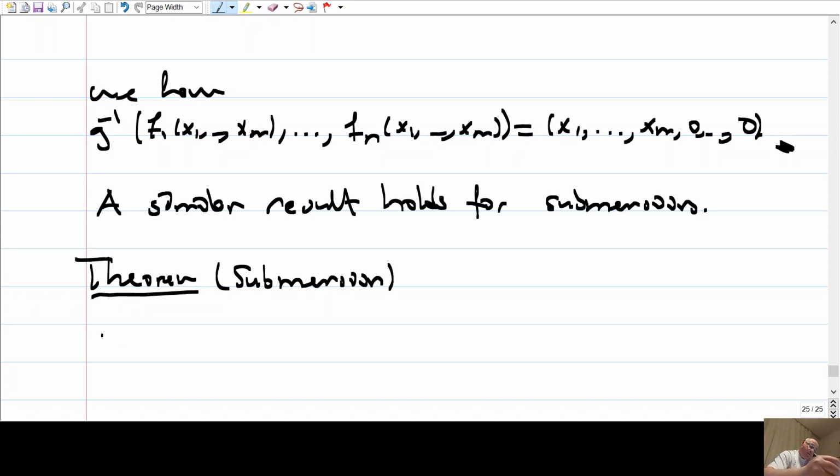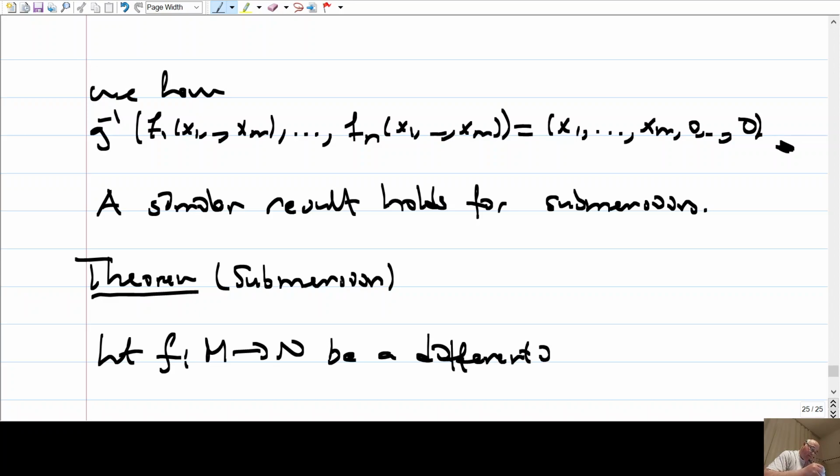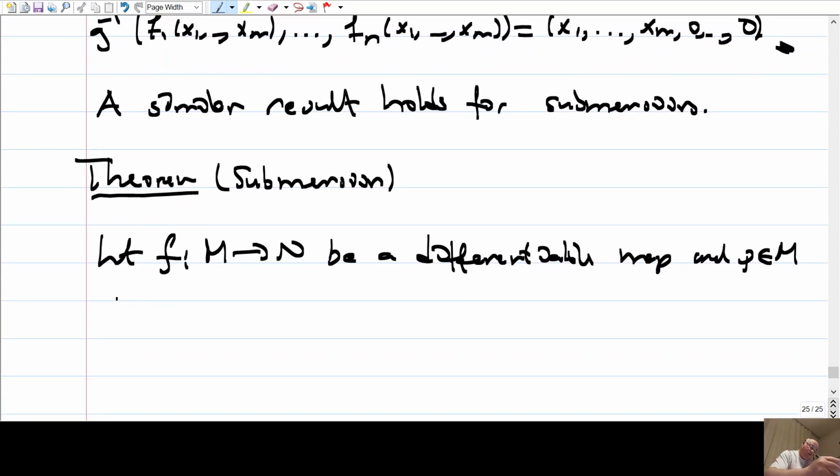Let f from M to N be a differentiable map, and p is a point in M, so that f is a submersion at p.